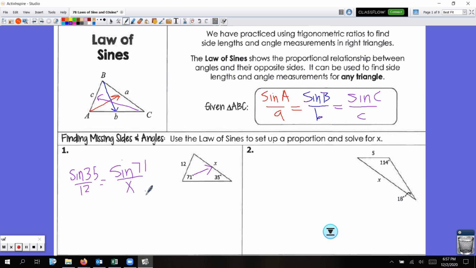We are going to cross multiply: x times sine 35 is equal to 12 times sine of 71. All right, we need to solve for x, so we're going to divide both sides by sine 35.